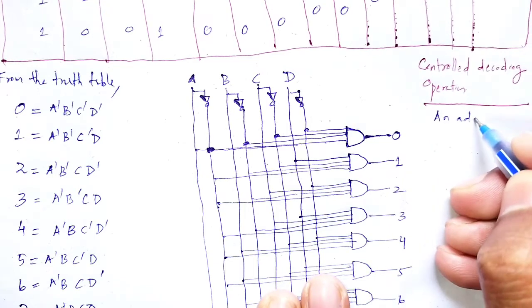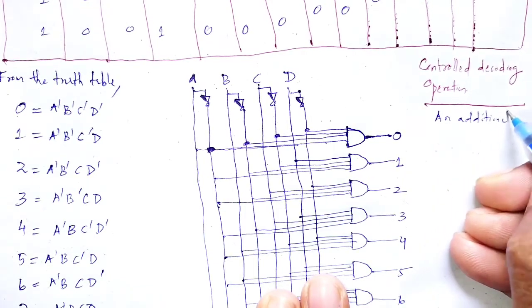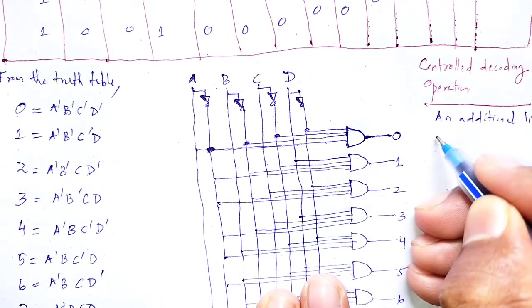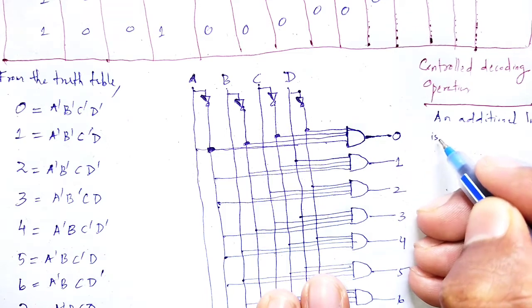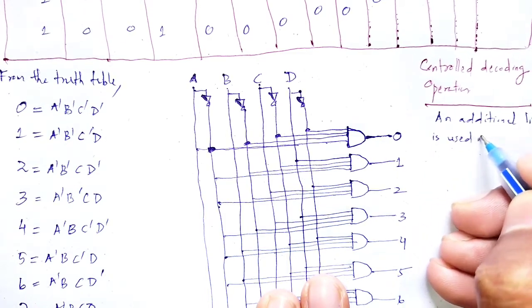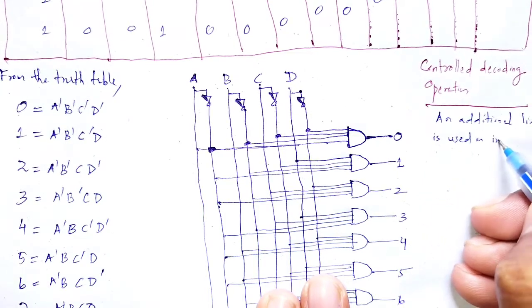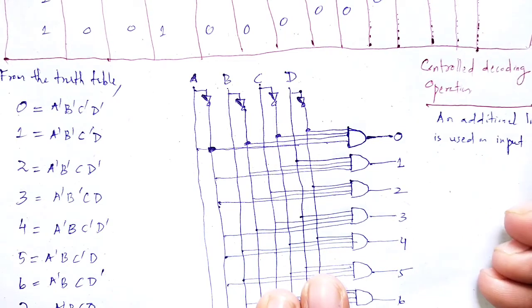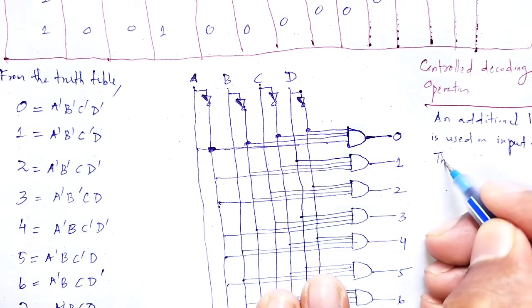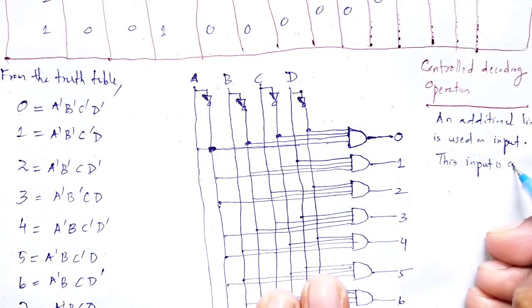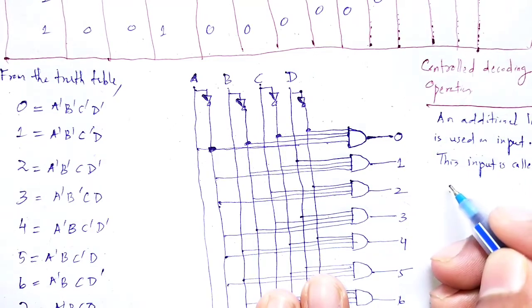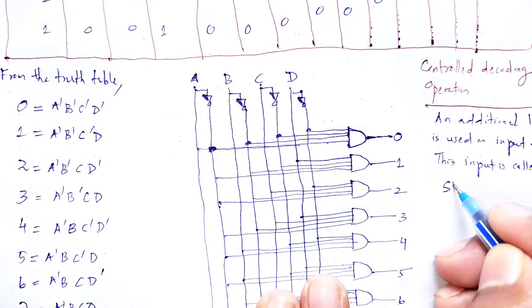An additional line is used in input. This input is called strobe.